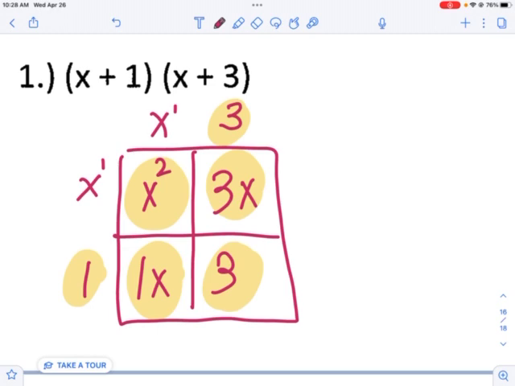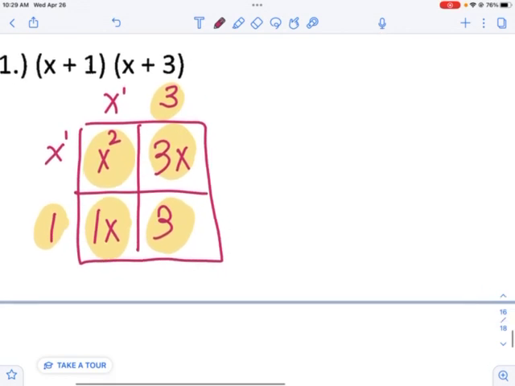Now that I have my box completed, I can go ahead and write my final answer and simplify or combine any like terms. So I use the product rule because I'm really multiplying to get my answers within the box. Now I need to take a look, and I don't have any other terms that can combine with x squared. So I'll keep x squared. I'll put a little check mark in that box so I know I've used it.